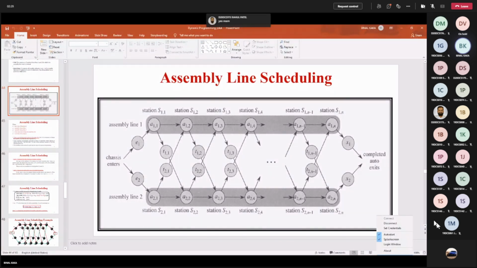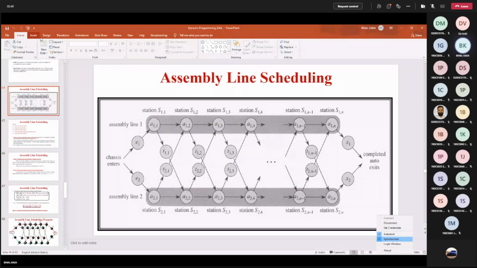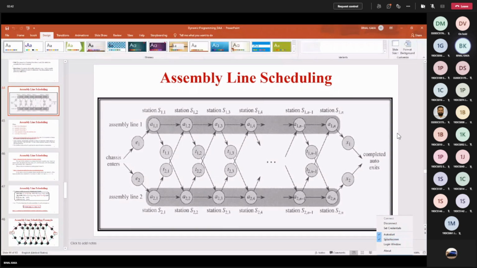Okay, so let's start. This is the last topic, which is assembly line scheduling, right? First of all, you have to understand the approach.